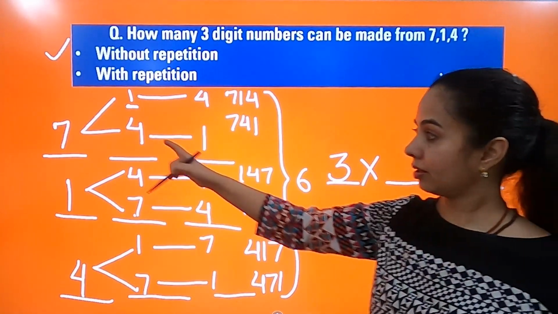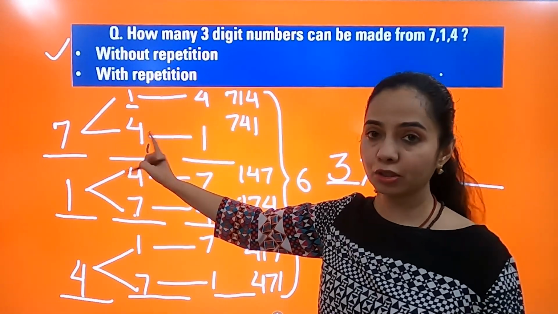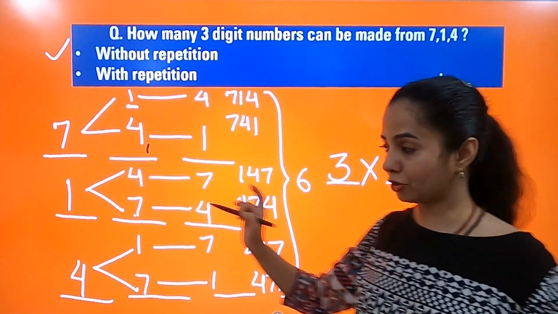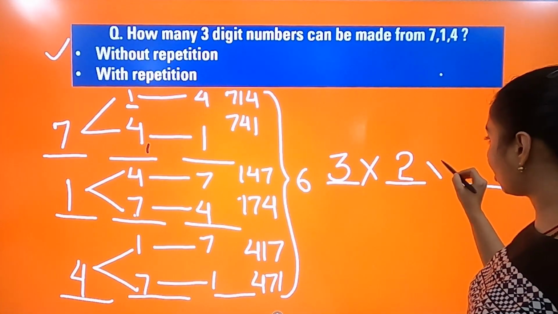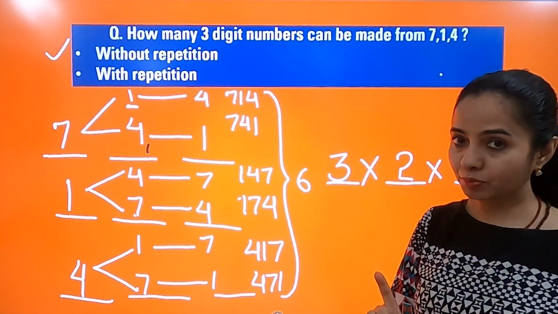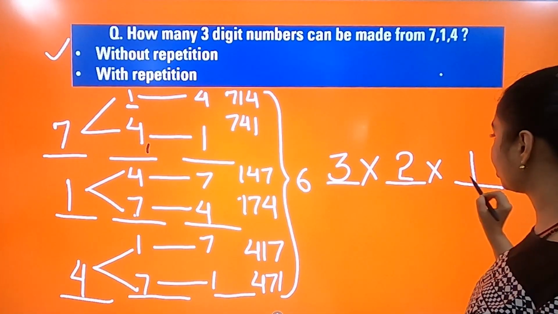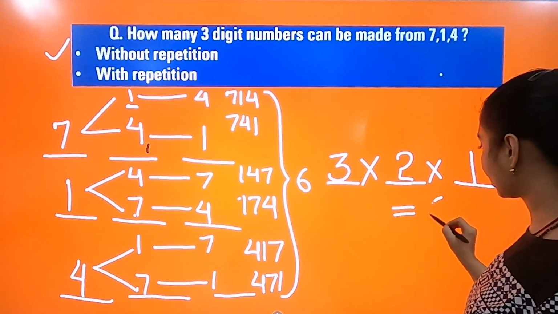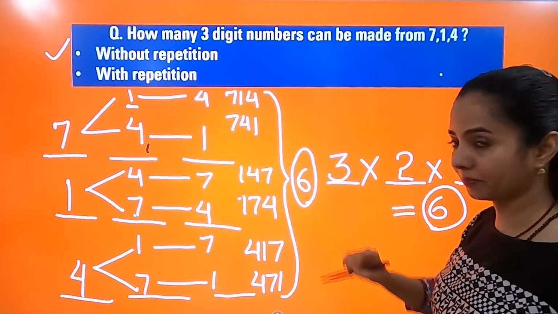For every first digit, I am just left with 2 options for each. So 3 into 2. Now since I have used 2 of these, I am just left with 1 option. So it's like 3 into 2 into 1. That becomes 6.